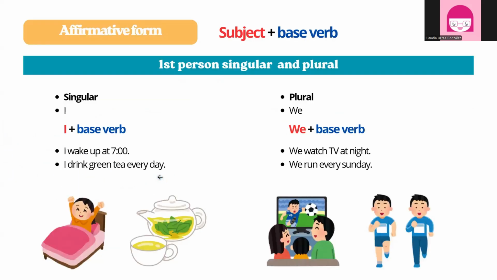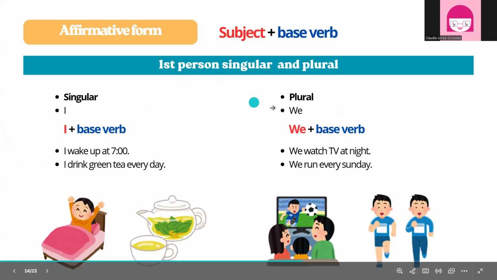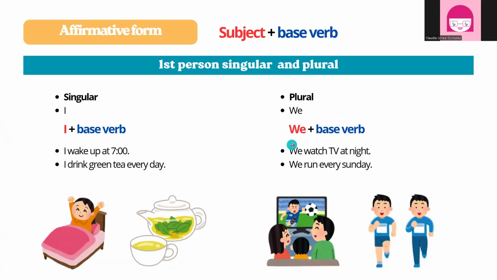In the case of the plural, it's the same. We have the subject and the base verb. We watch TV at night. We run every Sunday, okay? We have the subject, we, and the base verbs, watch and run. In the case of I, it's I wake up, I drink.